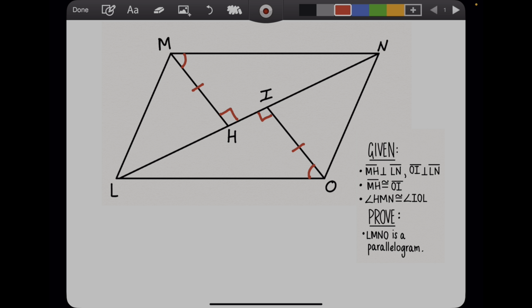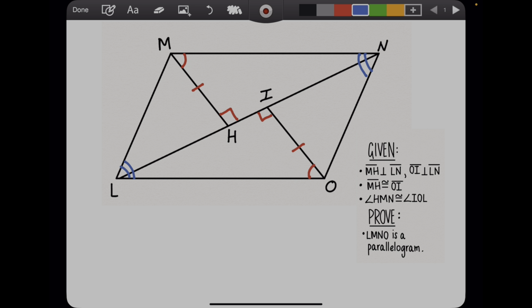So we need to prove that MN is congruent to LO and that ML is congruent to NO. So that would be the first point. The second point would be to prove that opposite angles are congruent. So we need to prove that angle L is congruent to angle N, and that angle M is congruent to angle O.